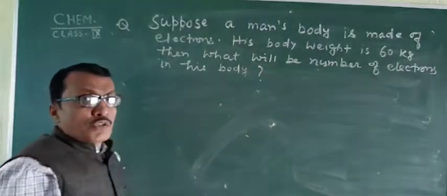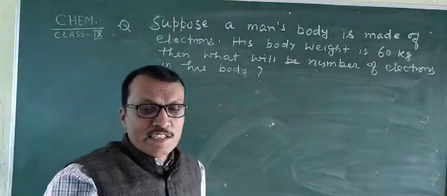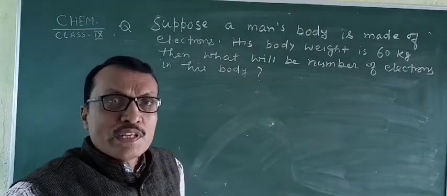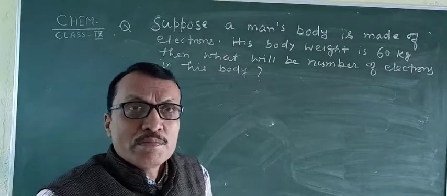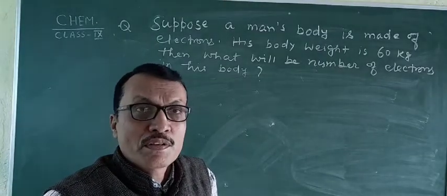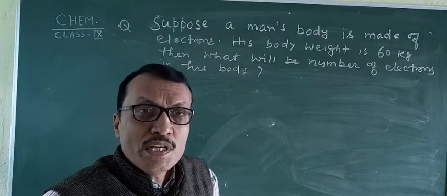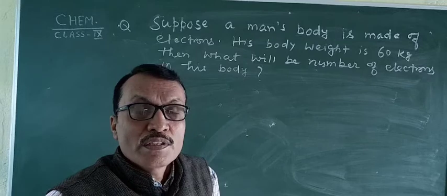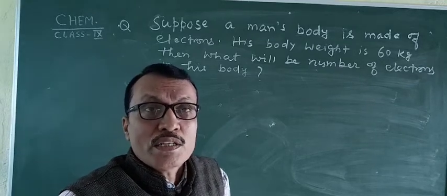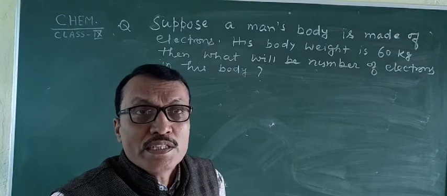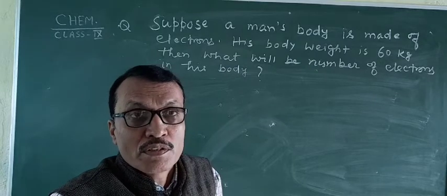Okay. So question is strange here, students. Suppose a man's body is made of entirely electrons and his body weight is 60 kg, then question is what will be the number of electrons in his body? Okay.